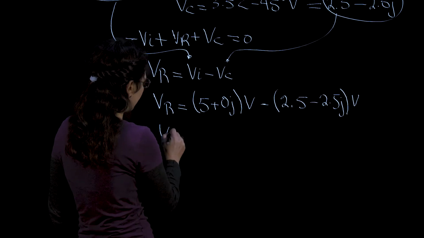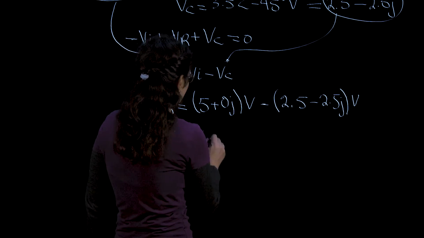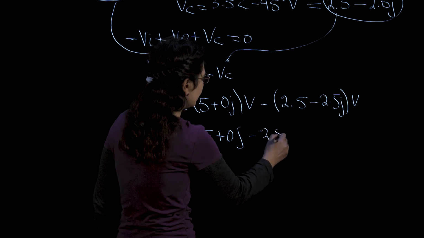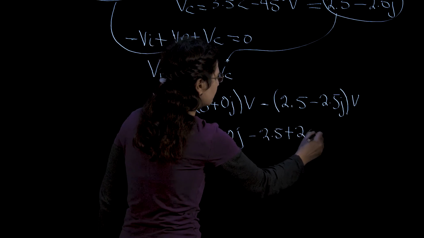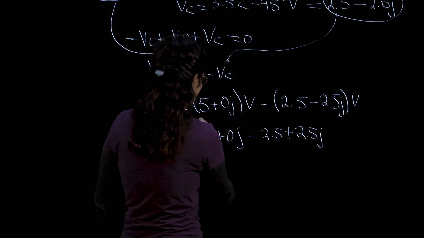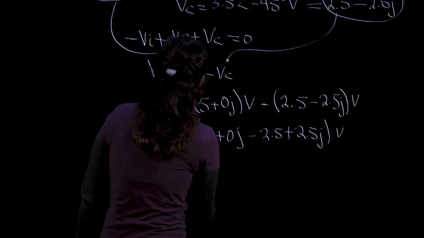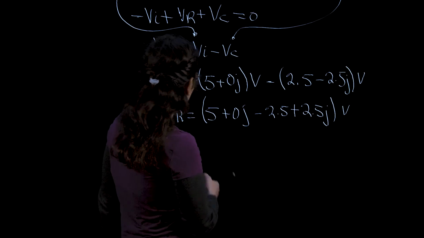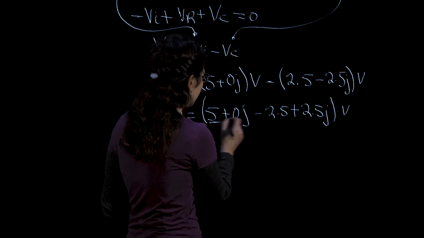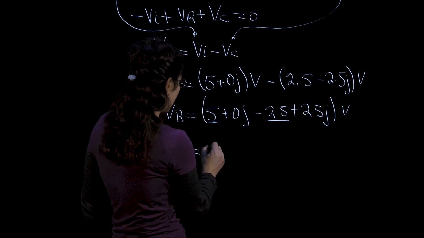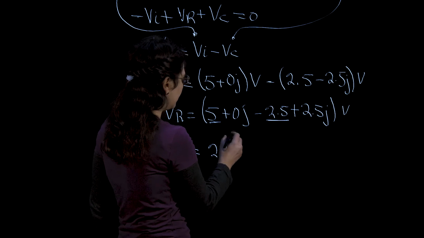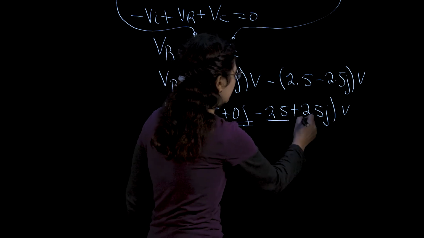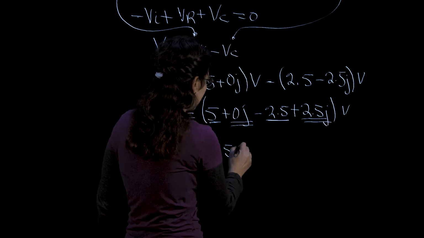So I'm going to take out the parentheses first. So 5 plus 0j minus 2.5 plus 2.5j, and all of this is volts. So my voltage in the resistor, I add the real part here, which is 2.5, and the imaginary part, 0j plus 2.5j gives me plus 2.5j.